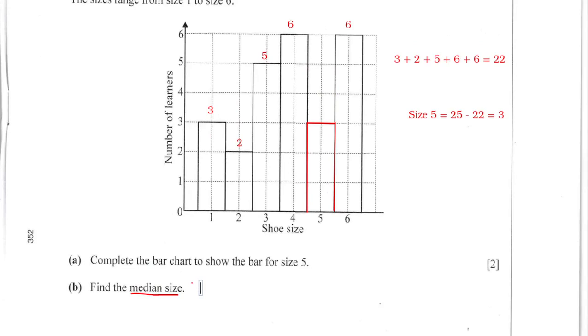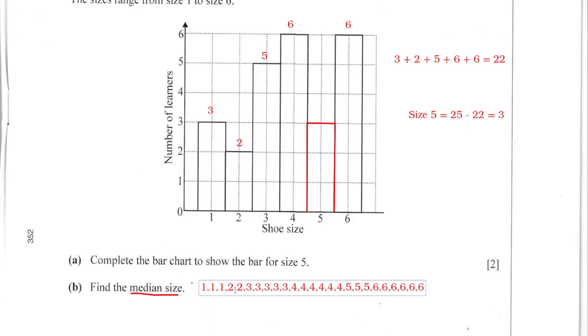Now what's happening here is that we are having 3 ones, then 2 twos, then 5 threes, then 6 fours, then 3 fives, then 6 sixes. So now the middle number here is position number 13.